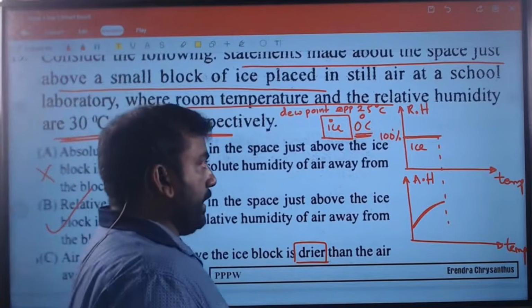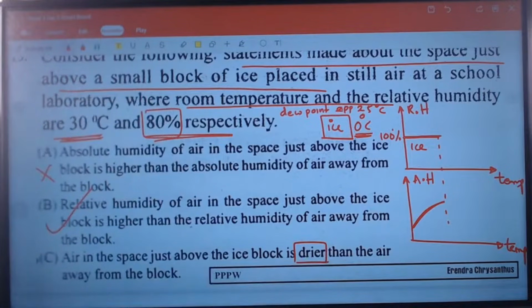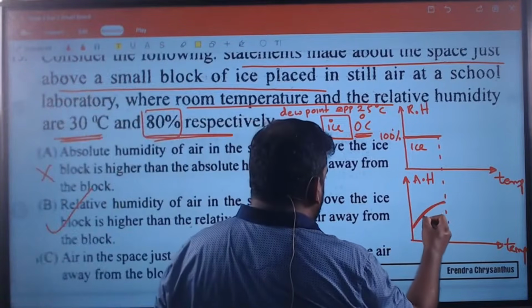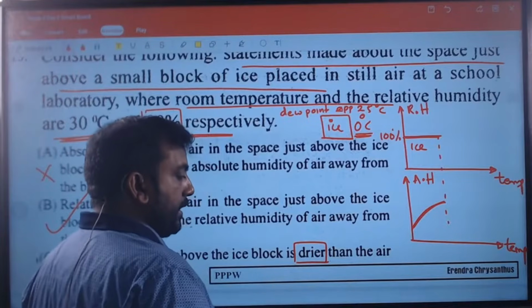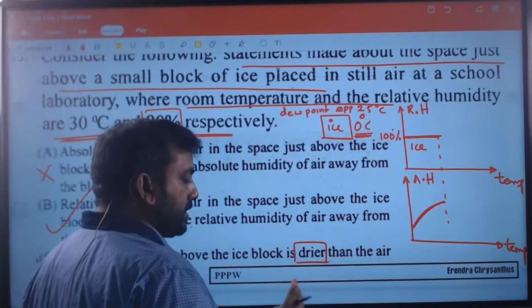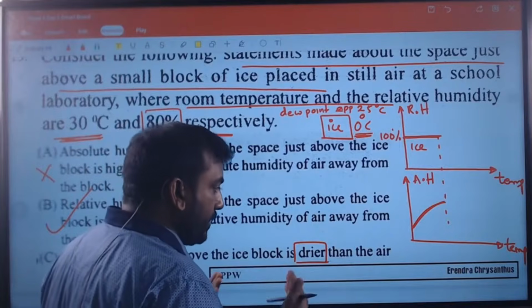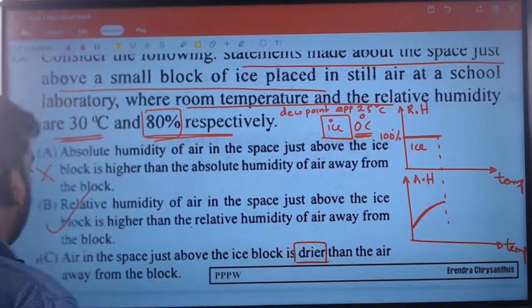Here, if saturation occurs, it's going to be wet. When absolute humidity reduces, AH keeps on reducing. Are you feeling wetter or drier? Drier. Air in the space just above the ice block is drier than the air away.